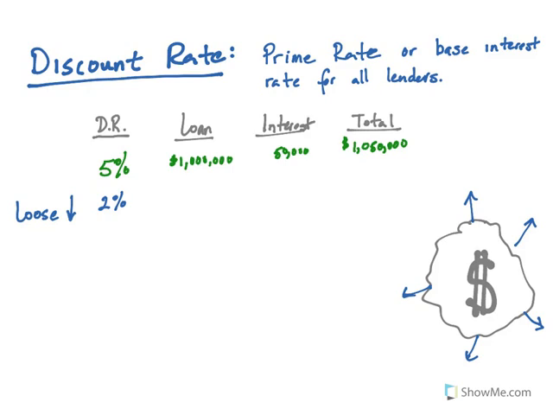At 2% money, if that's what the bank is loaning out, or 2.25%, do you really want to get a loan? So what happens is a bigger portion of this $1 million comes out, and everybody wants the money because the interest is so cheap.